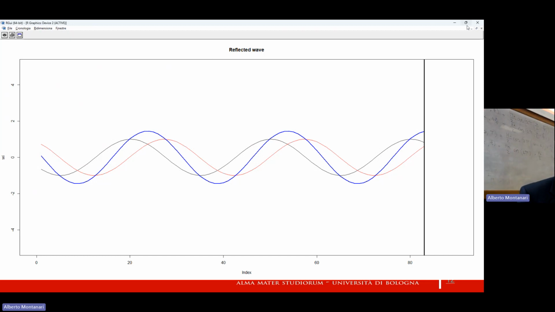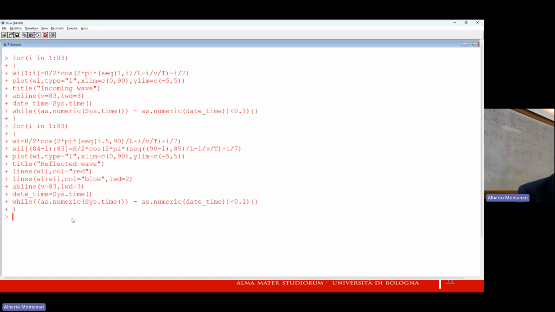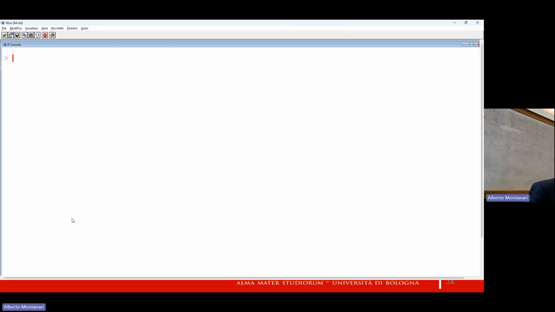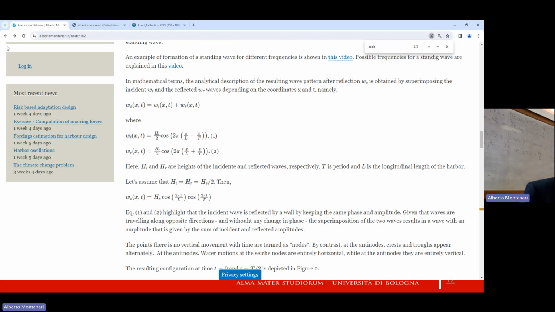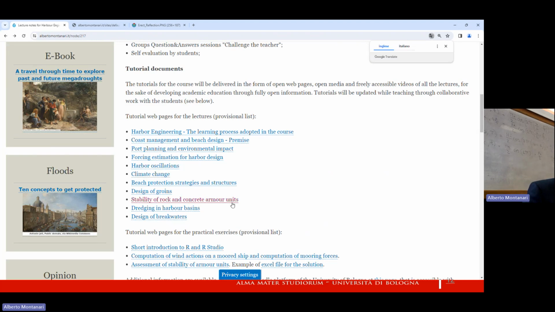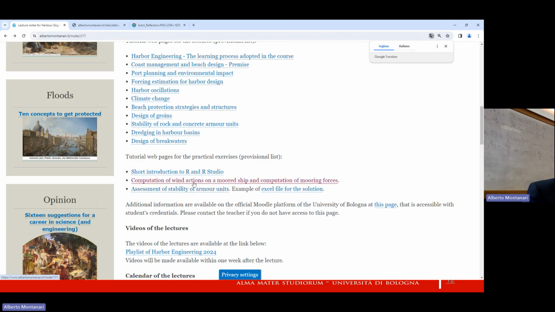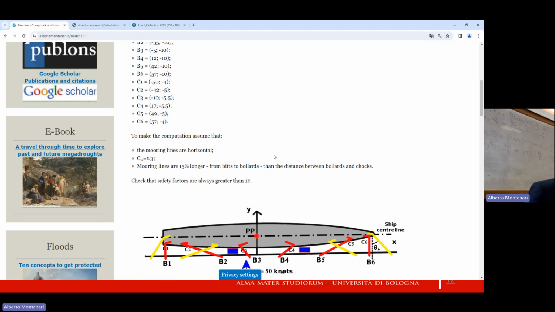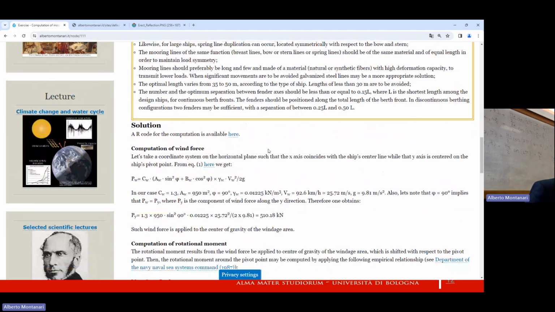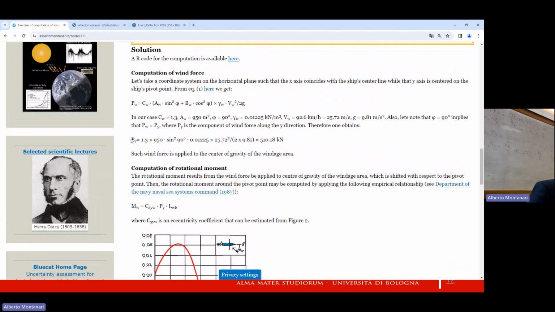Now, given that we have this R window open, let me take the opportunity to go back to our exercise: computation of wind actions on a moored ship and computation of mooring forces. You may remember that we already made this computation up to the wind force, and we did it also in Python.